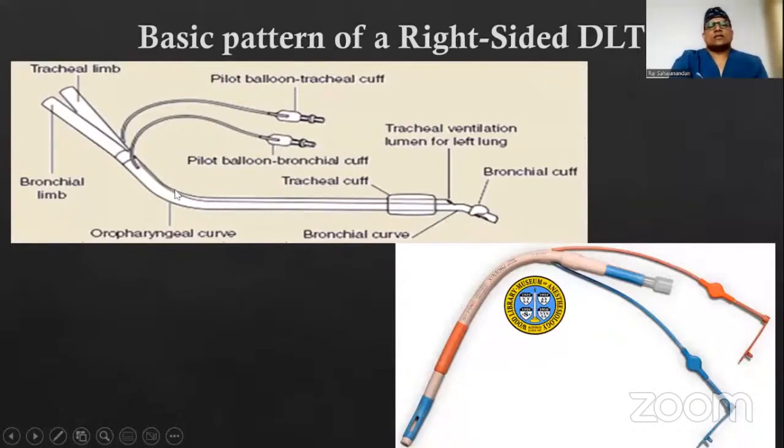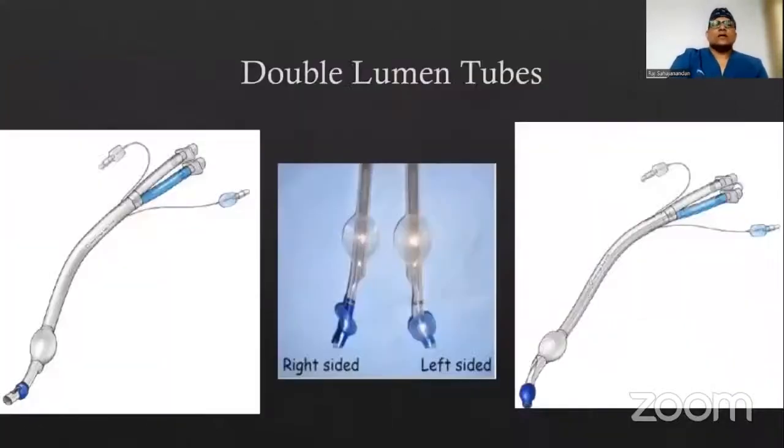So this will be like the newer Mallinckrodt or a Portex tube, and this is the older red rubber tube. There are two types of tube available. One is the right-sided tube, and the other one is a left-sided tube. The basic difference is that for a right-sided tube, we need to have an arrangement so that the right upper lobe is ventilated, not collapsed.